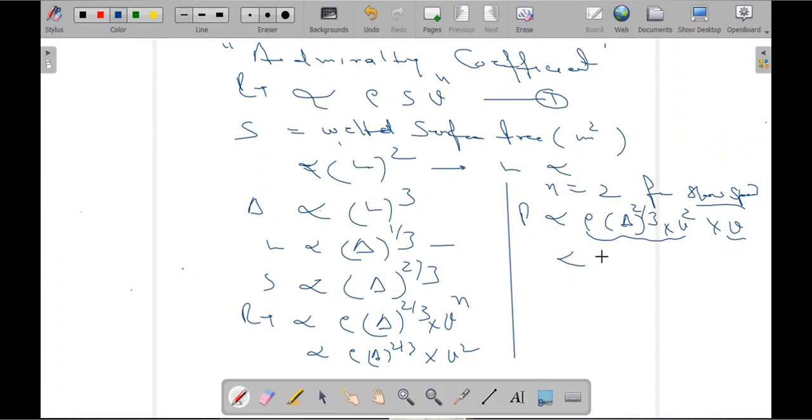If I take all constants on one side, I can replace the proportionality by an equal sign with a constant, equal to delta 2 by 3 into V cube, with P taken crosswise downwards. This constant is called AC, or Admiralty Coefficient, equal to delta raised to power 2 by 3 into V cube divided by power.